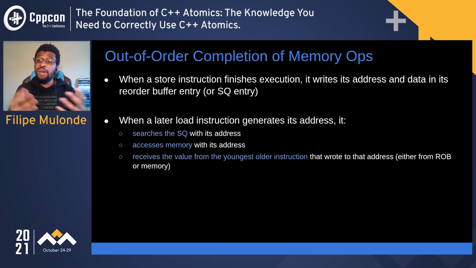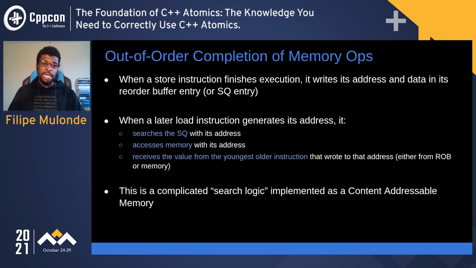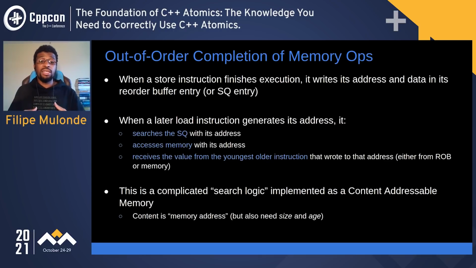Or if the value is not in the store queue, we need to access the memory, again with its address, and we receive the value from the youngest older instruction that wrote to that address, either from the reorder buffer or memory. This is a complicated search logic implemented as a content addressable memory. The content is the memory address, but also includes the size and the age. This is also called store-to-load forwarding logic.